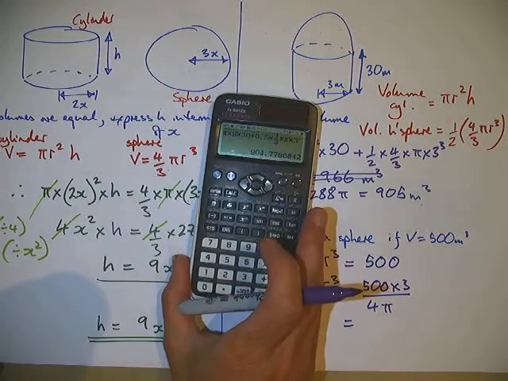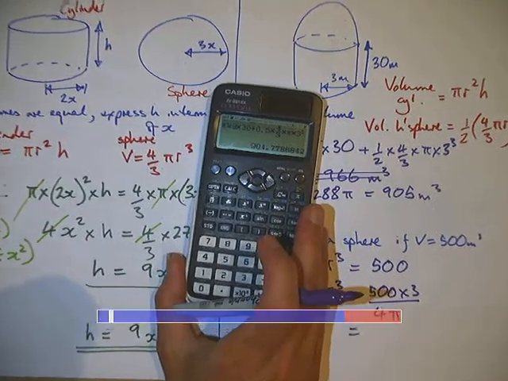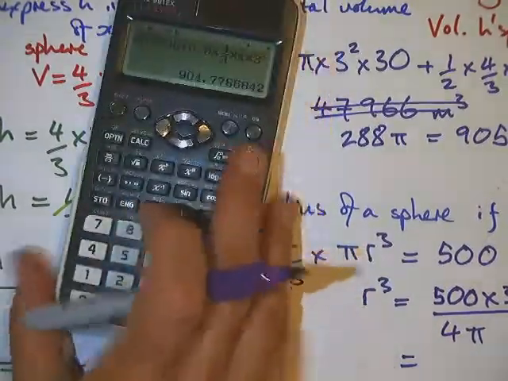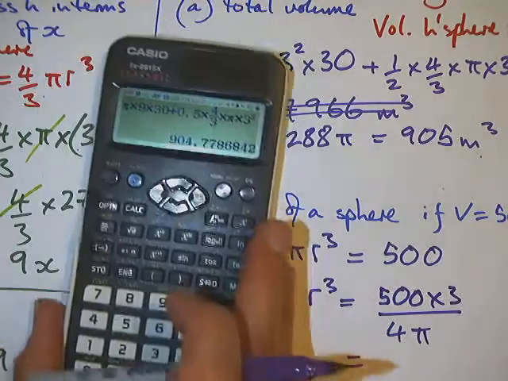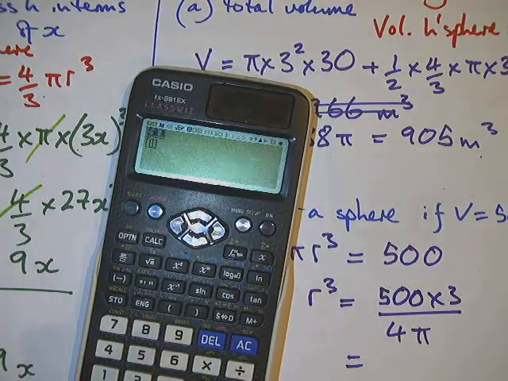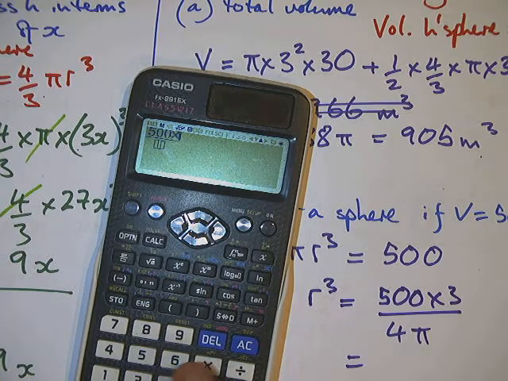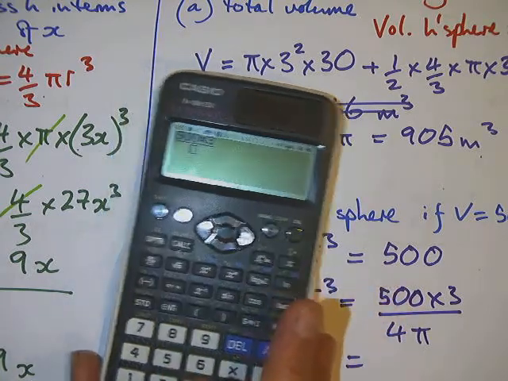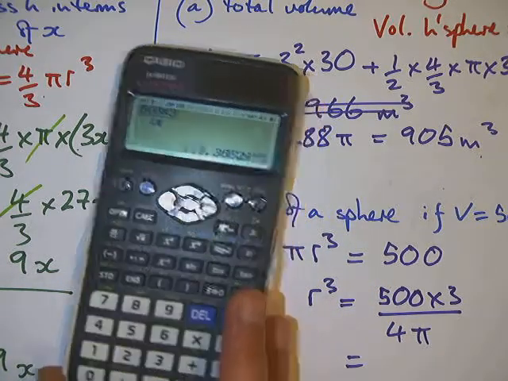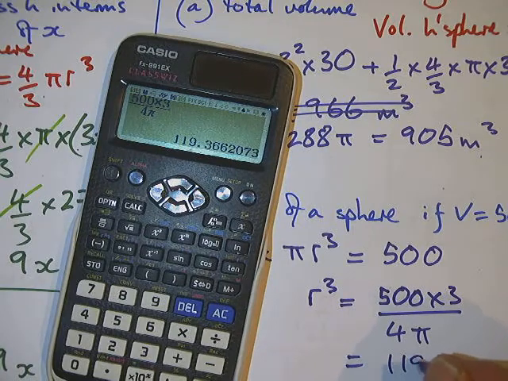So then let's do this one more carefully, shall we? Shall we do this one properly? So 500 times 3 all over 4 pi equals 119.